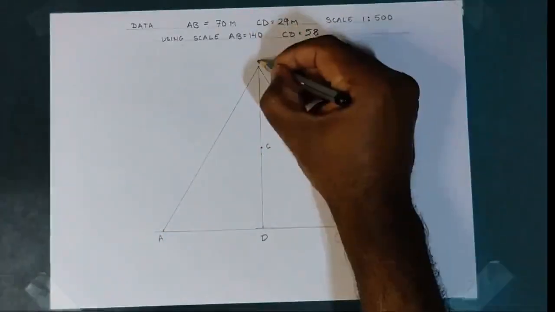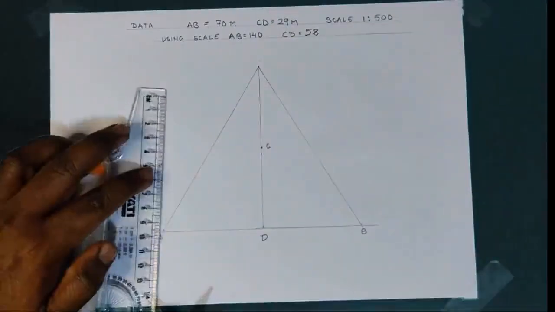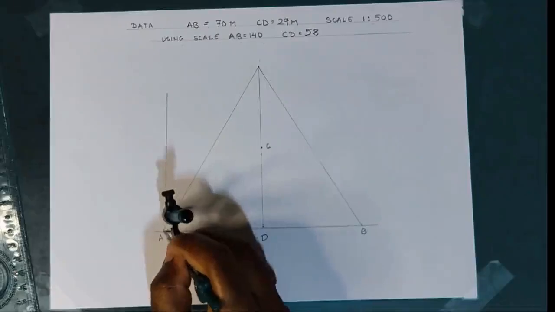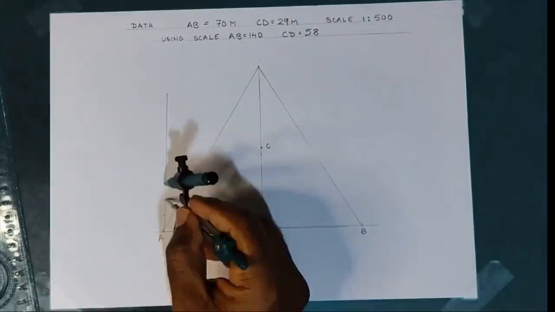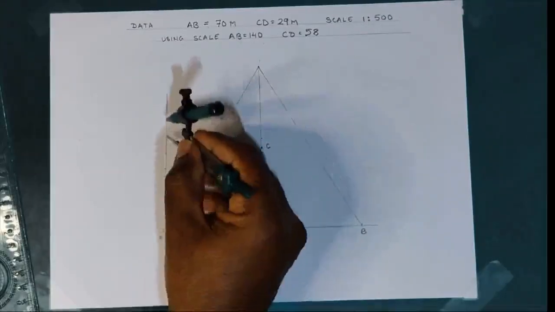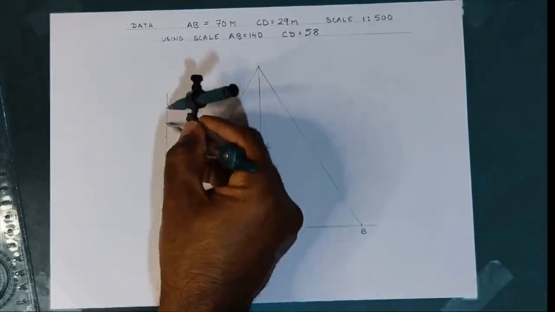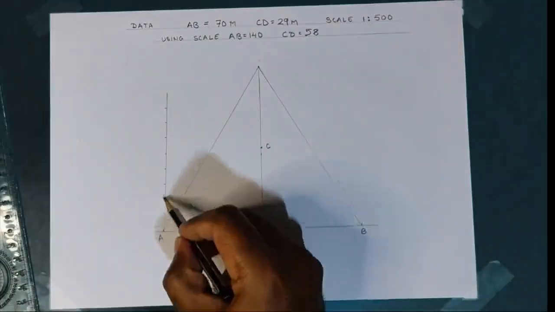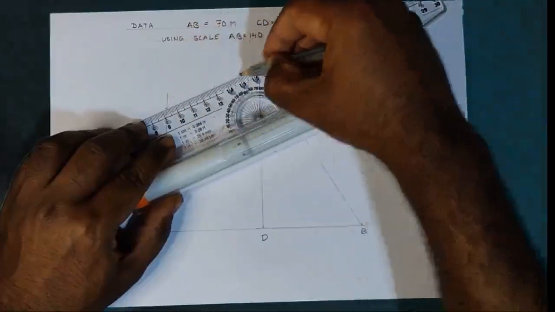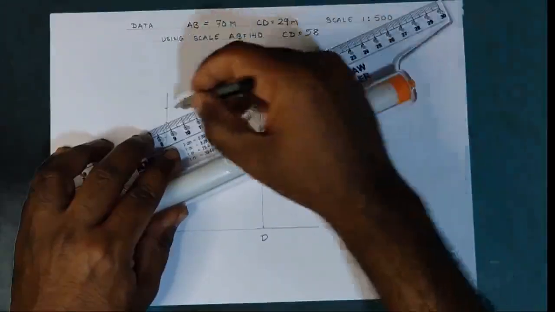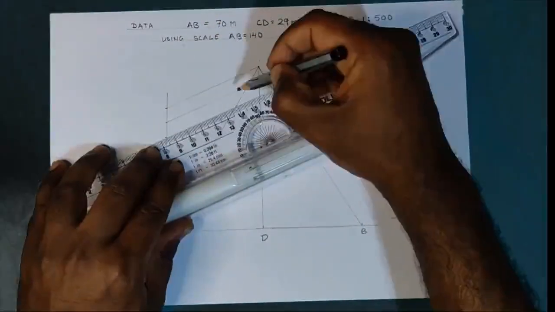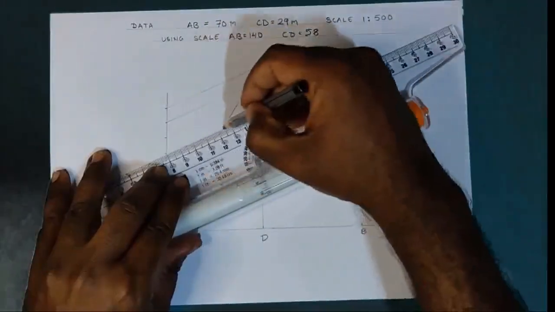Now I divide the side of the isosceles triangle I now found by using the acute angle construction, and I take on the acute angle line 8 uniformly spaced divisions. I connect the last point or the last division with the end point of the triangle, and then through other division I draw parallel lines as shown.